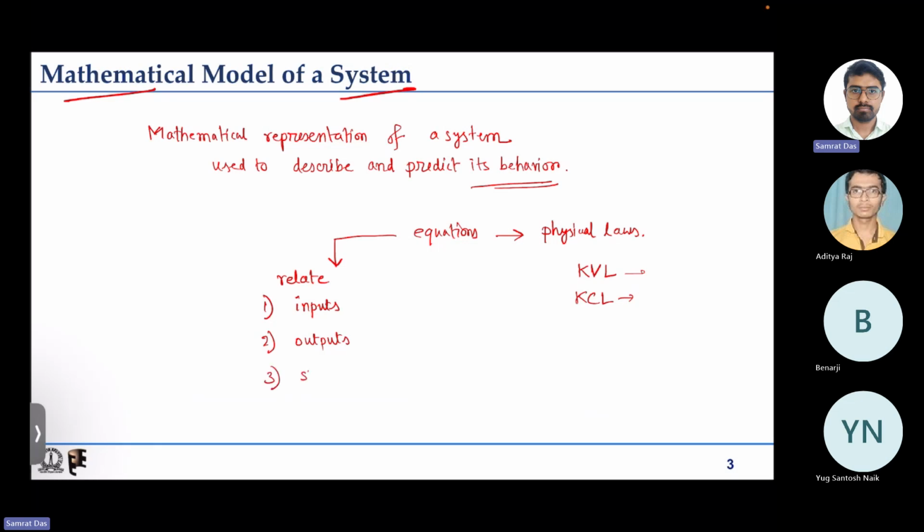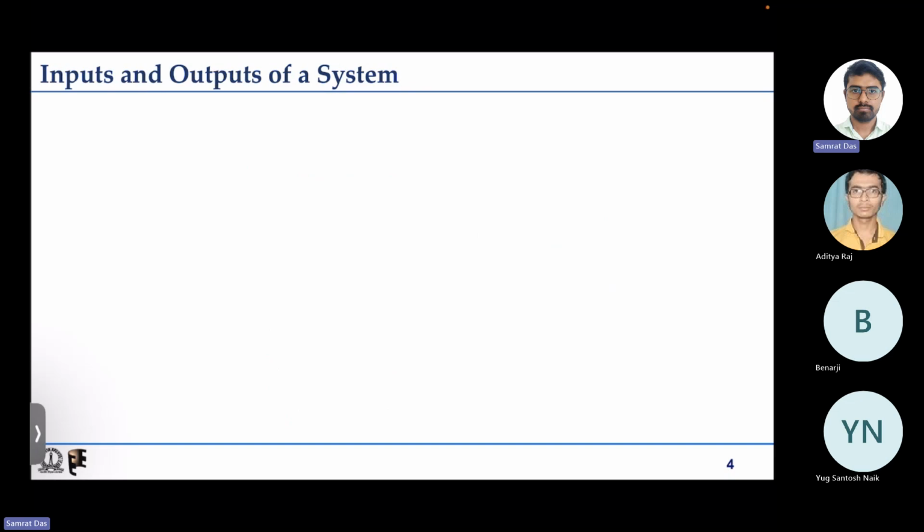Then there is something called states of a system, which is more specific to dynamic systems. We'll understand better what we mean by states of a dynamic system. And again, we have certain parameters. Last class we briefly discussed these. We will understand them one by one.